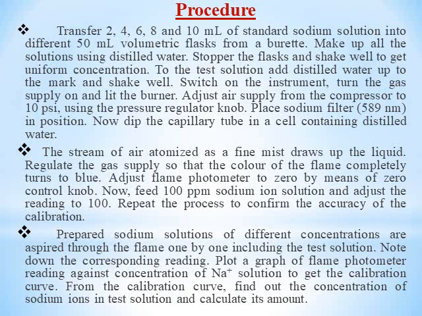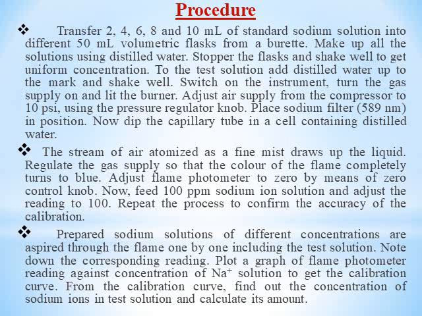For each solution and the test solution, note down the corresponding reading with the help of a recorder, and you have to plot a graph of the flame photometer intensity. So the intensity is called flame photometer intensity. You plot the flame photometer intensity readings against the concentration of Na+ solution to get the calibration curve.